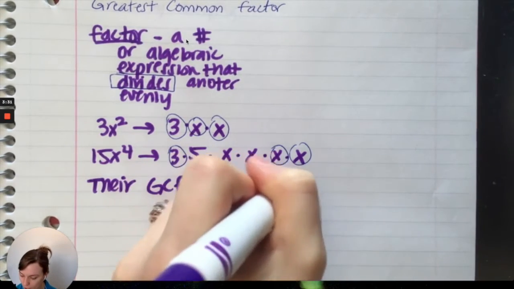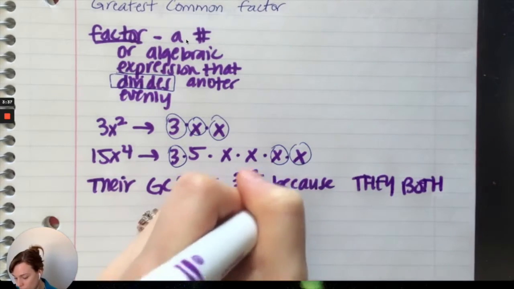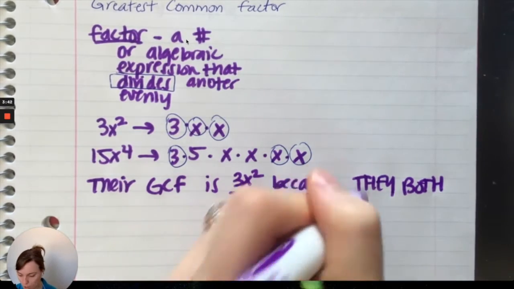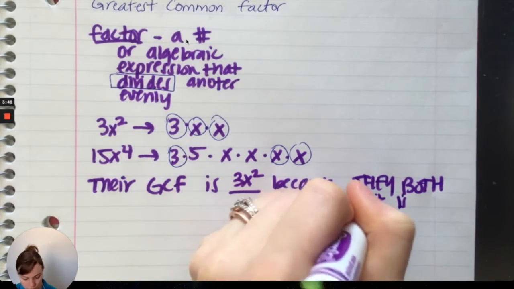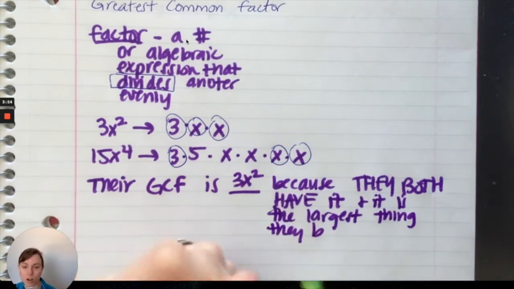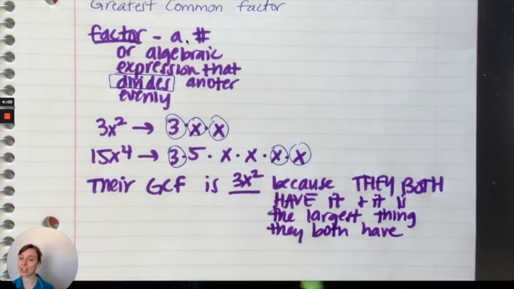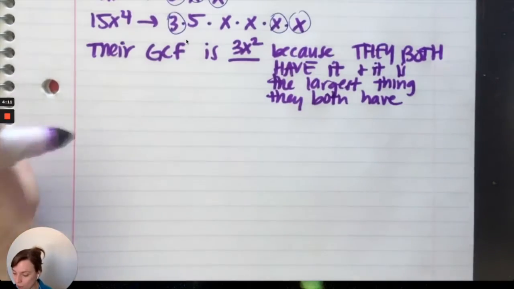And this is because they both have 3x times x, and it is the largest thing, or expression, or number, or factor, amount of factors they both have. So I can't just let it sit at x, or x squared, or 3x. I have to make it a 3x squared because that is the largest amount of factors that they have in common. So, knowing that, we're going to do 2 examples.